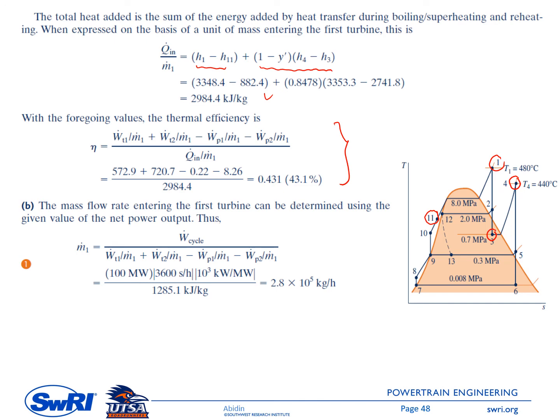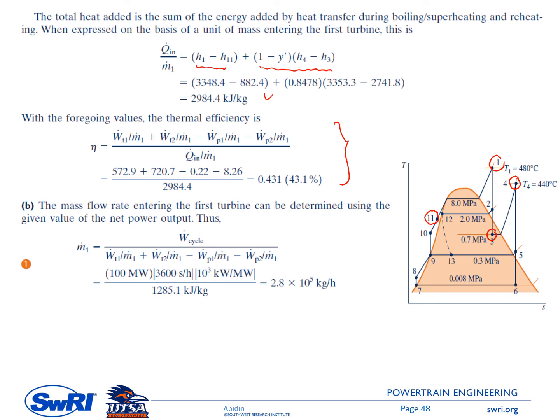The second one is to calculate the mass flow rate. The way we calculate it is the same as the way we did in the previous example. The net power is given as 100 megawatt, and we already have the turbine power and the pump power. What is important to pay attention to here is the unit conversion.